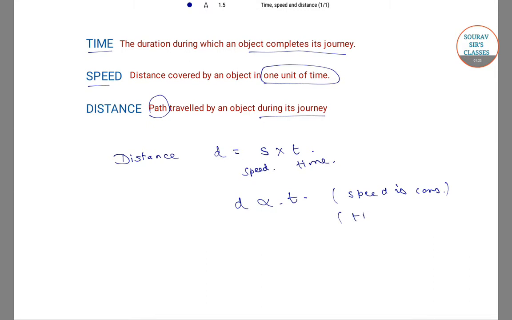Similarly, when time is constant, then distance is directly proportional to speed, and when distance is constant, then time is inversely proportional to speed.